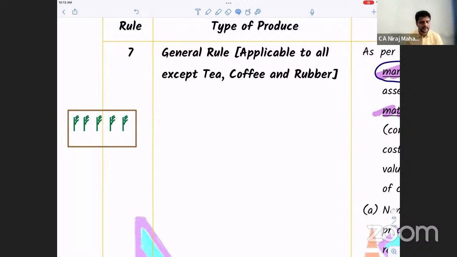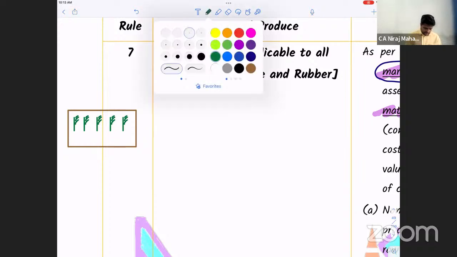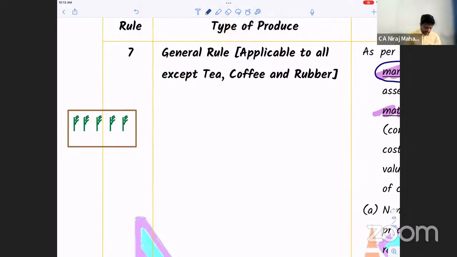Are you selling sugar cane right now? No. You are into the manufacturing and selling of sugar. So this you have grown. There was a cost to it for growing the sugar cane, the cultivation cost.